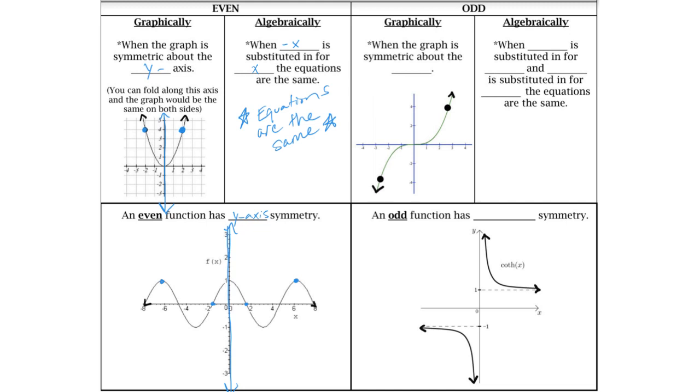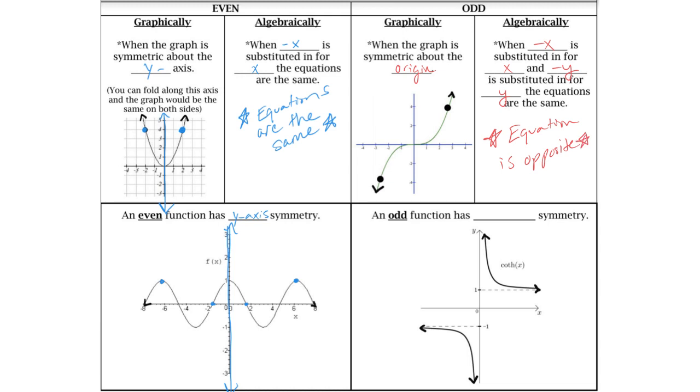Now, let's look at odd functions. Graphically, the graph is symmetric about the origin, meaning our points are opposite to each other. So when negative x is substituted in for x and negative y for y, the equations are the same, meaning the equation ends up being opposite.